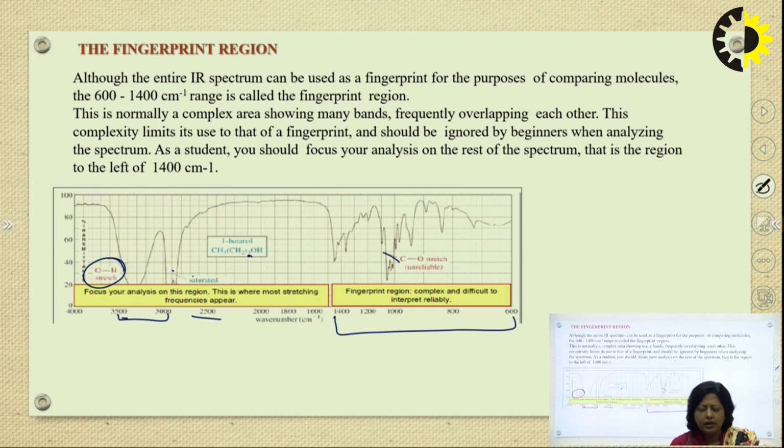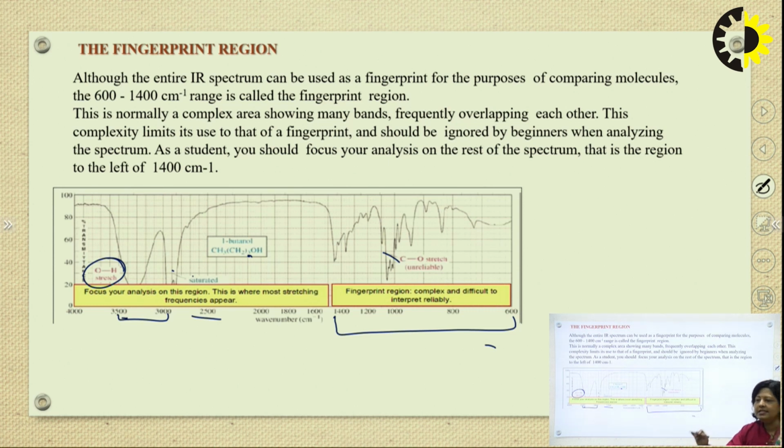The total vibration is a combination of bending vibration, symmetrical stretch and asymmetrical stretch, all of these. So this is a complex pattern. This complex pattern in between 1400 to 600 centimeter inverse of frequency is known as the fingerprint of the molecule.